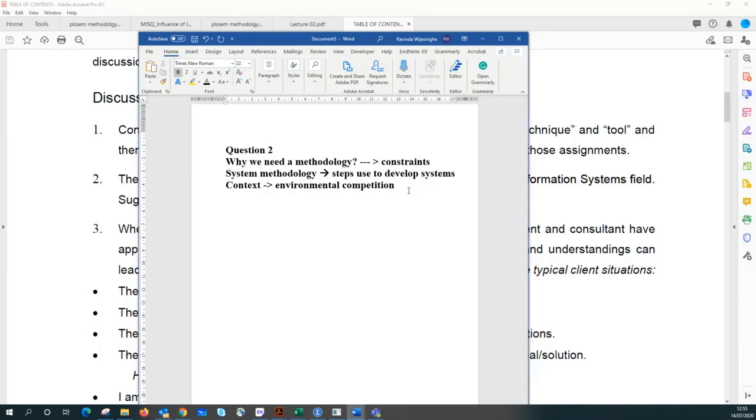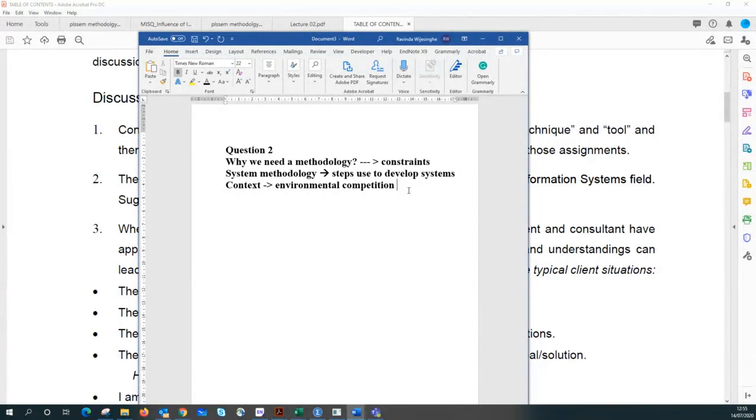So that is the reason why we have so many system development projects, right? We need these projects because it's virtually impossible to drive forward a project without a proper planning method or without a proper methodology in place, right?